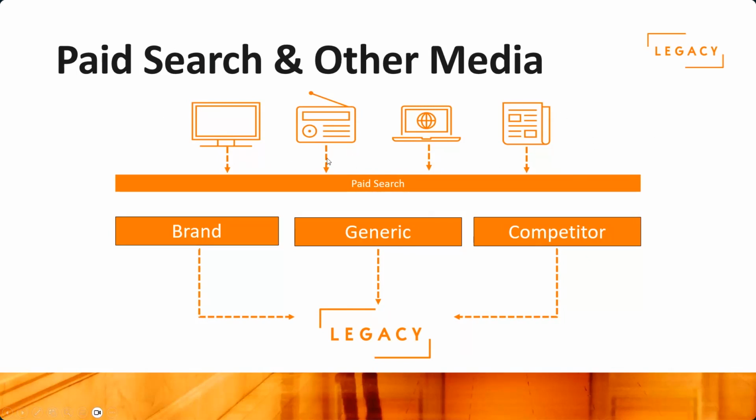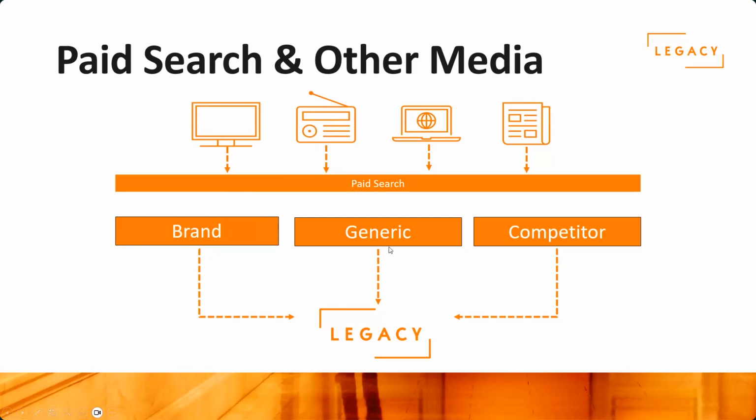So we've got clients that would have a big push above the line, for instance, and they would see more people searching for their brand. In a general sense, there's three different types of paid search traffic.